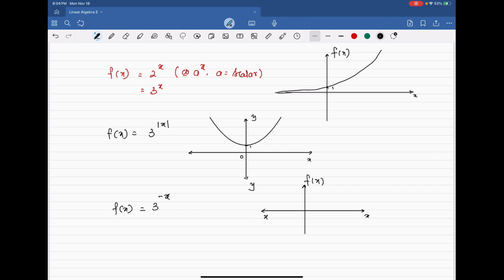For negative values of x, it will be increasing. It will be the reverse of function x, 3 to the power of x. It will be like this. At x equal to 0, the value will be 1. This is 1 when x is equal to 0.